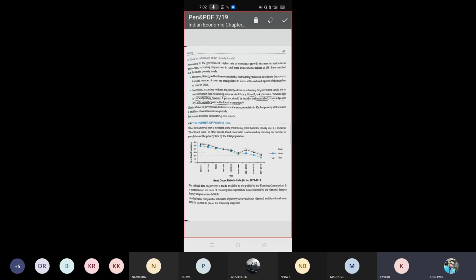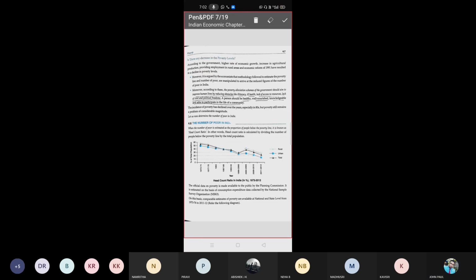Is there any decrease in poverty levels? According to the government, a higher rate of economic growth, increase in agricultural production, providing employment in rural areas, and the economic reforms of 1991 have resulted in a decline in poverty level. Compared to previous years, yes, the poverty level declines. Why?